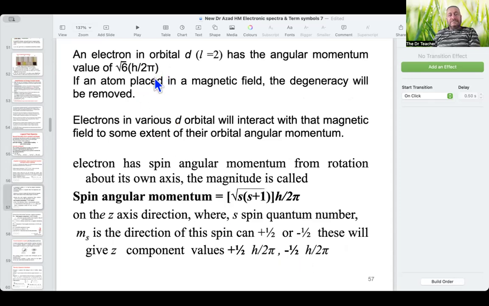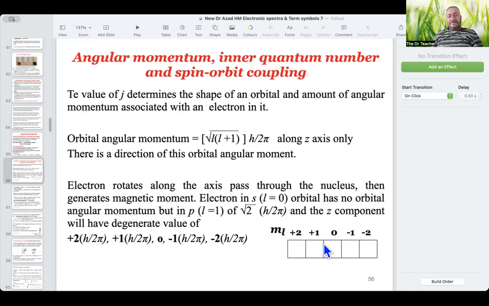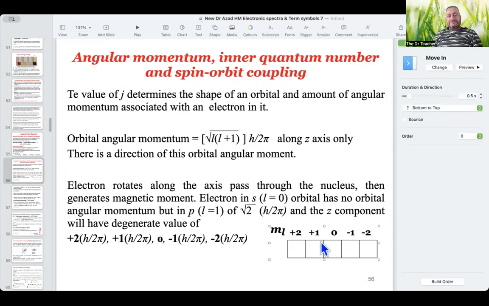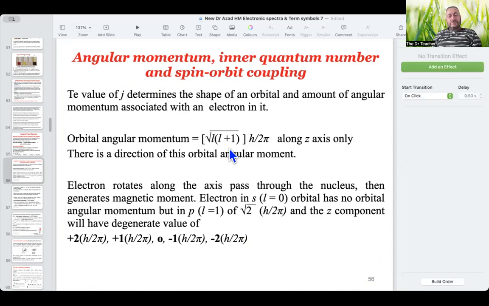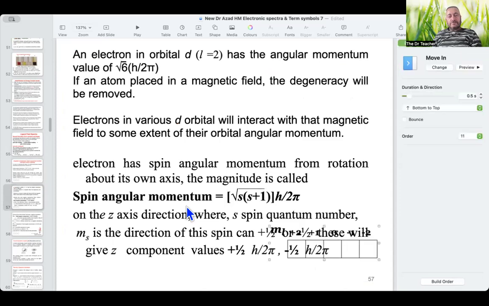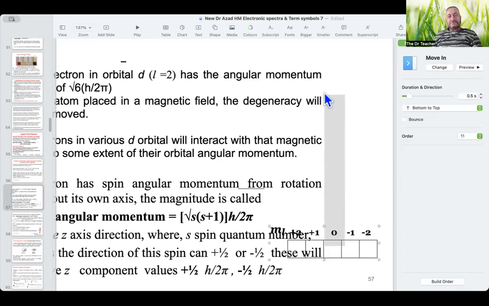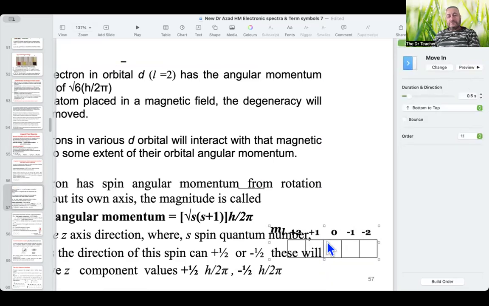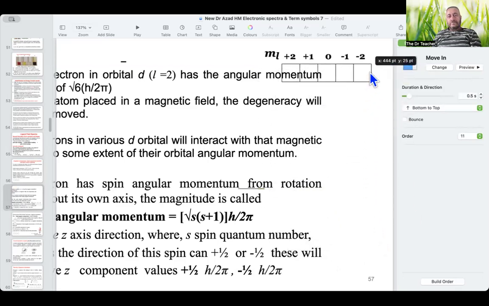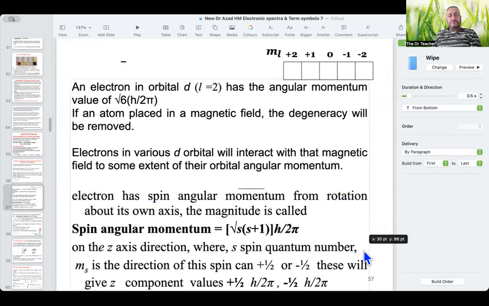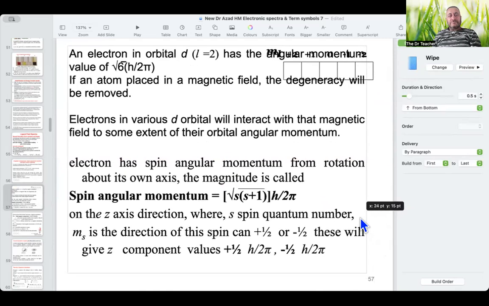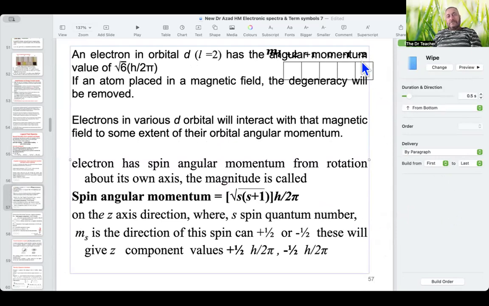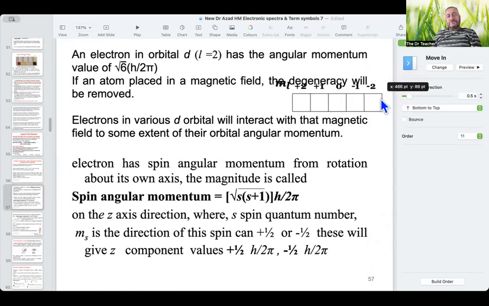Here, if you have a d electron, I need to copy these. This belongs to d.